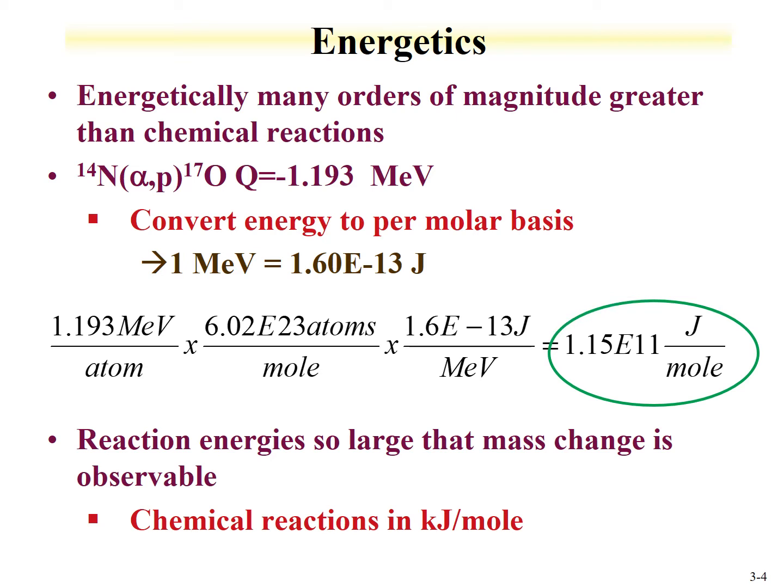These reaction energies are so large that mass change is observable. It's good to remember that chemical reactions tend to be on the order of kilojoules per mole. And that's one of the reasons this is a reaction that requires energy. But fission, for instance, which gives off energy, shows why there can be such high energy densities.